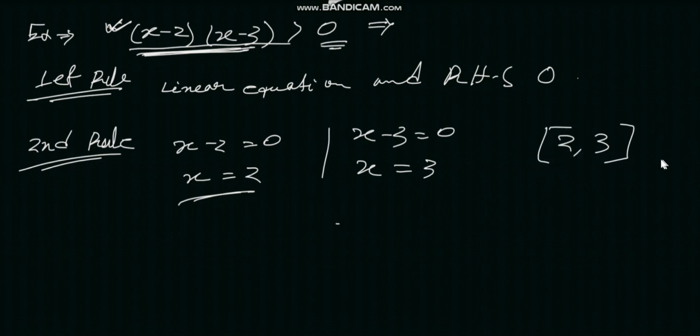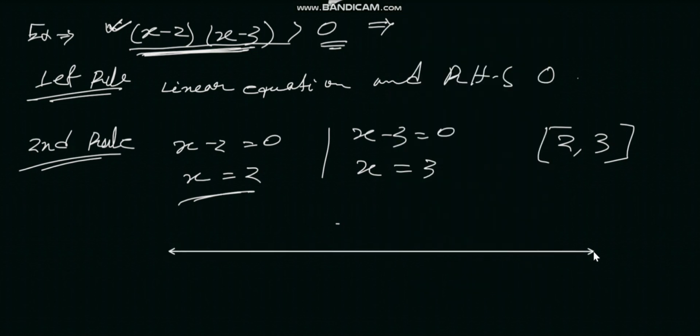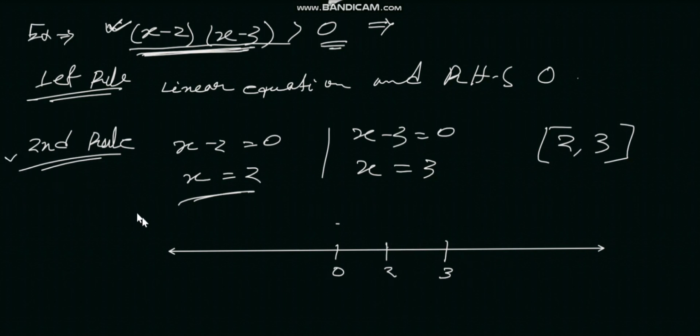And we need to plot these numbers on a number line. Let's suppose this is 0, this will be 2, and this will be 3. We will explain why 2 and 3 are called critical points after solving the inequality.